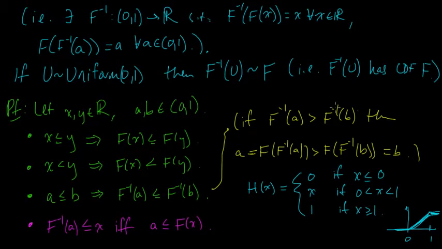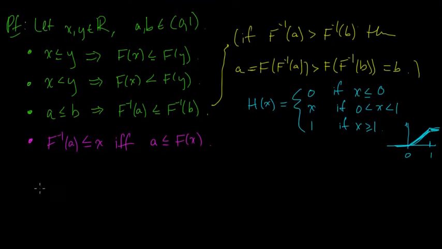So we want to show that f inverse of u has CDF f. Let's write down the definition of the CDF. The CDF of f inverse of u is the probability that f inverse of u is less or equal to some number x.